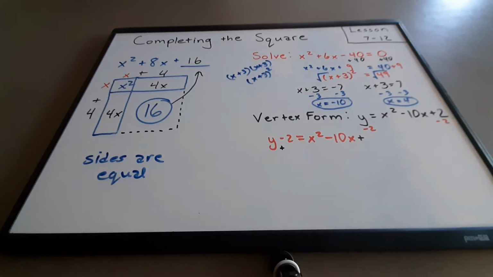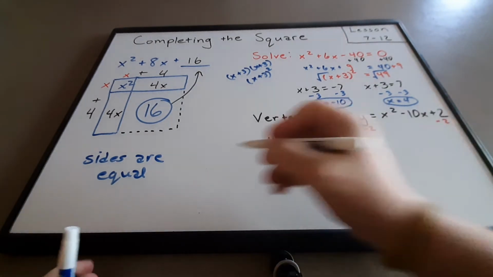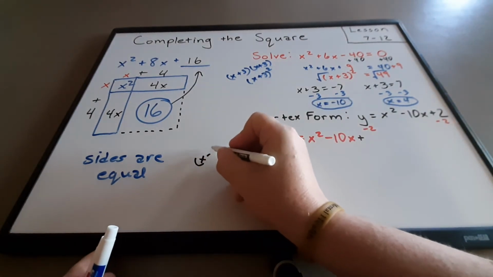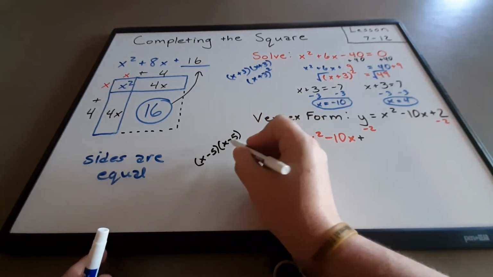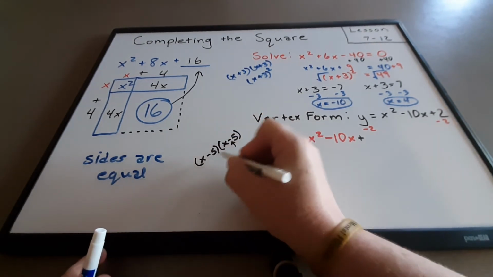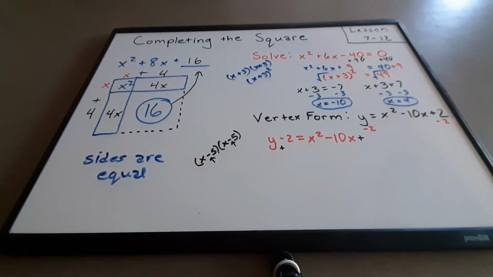The difference here is this one's now negative 10, where the other two were positives. That shouldn't actually change anything. What we do is we are actually going to use x minus 5 and x minus 5. The only difference is we're using the minus sign instead of the addition sign. But a negative 5 and a negative 5 will still give us a positive number, so it shouldn't change anything.